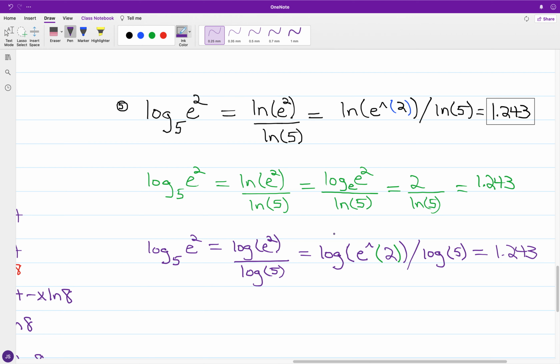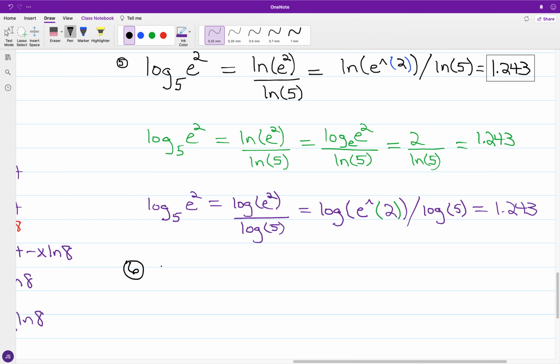All right. Now, for what we have in the case of number 6, this was the base 6 logarithm of 216. You could use the change of base formula, but 216 relative to 6, you're looking at both multiples and integer powers. 216 is 6 raised to the third. So base 6 logarithm of 6 to the third is equal to 3.